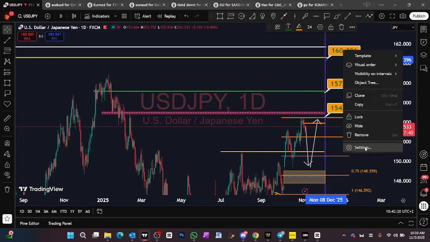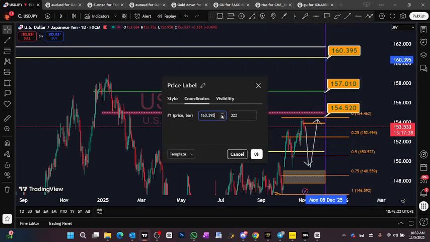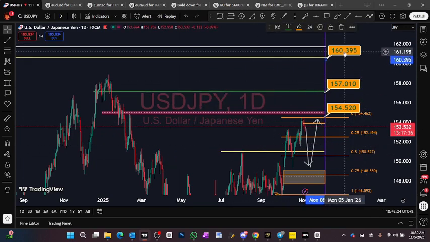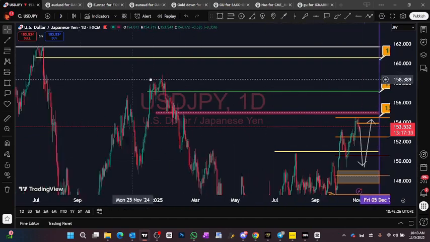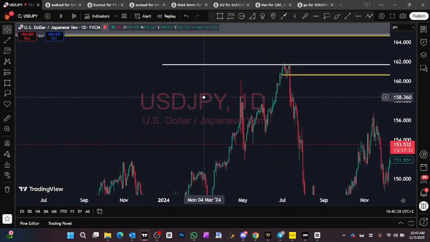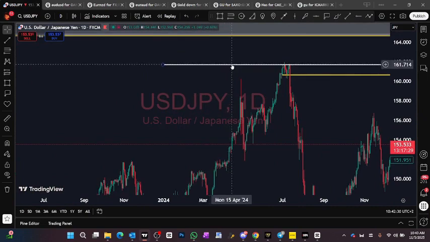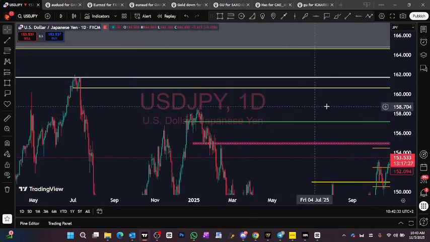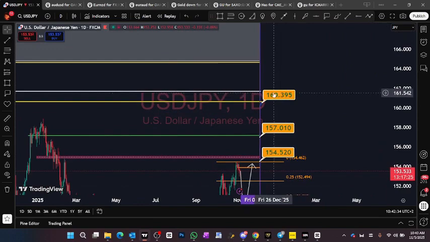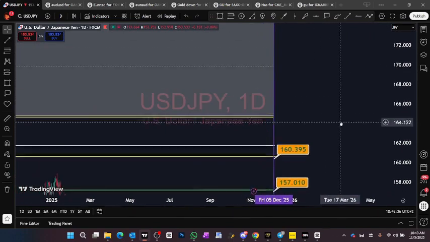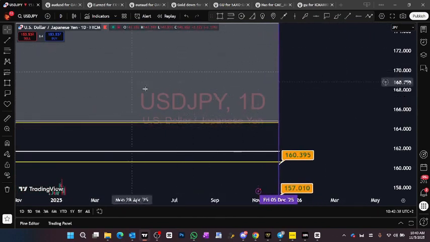Remember, the yellow one is the 3 months resistance, and there's another 12 months resistance. If you can still hold, you can hold for the 12-month resistance. Oh, there's a fair value gap right there. It's up to you.